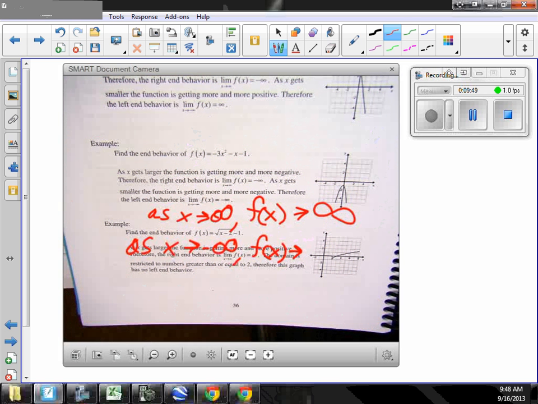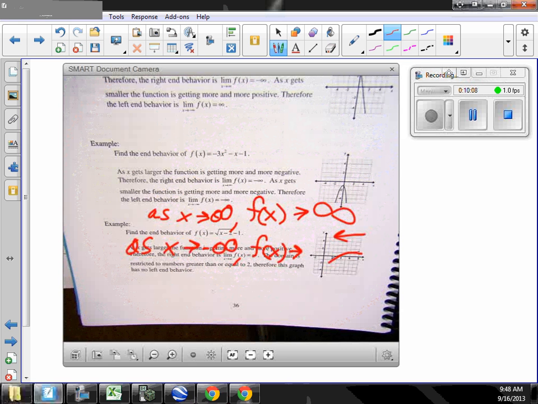It doesn't exist. There are no y values left of x equals 2. So if I try to travel to the left, I can make it to there, and then I can't go any further. So there is no graph to the left, which means that the limit doesn't exist.